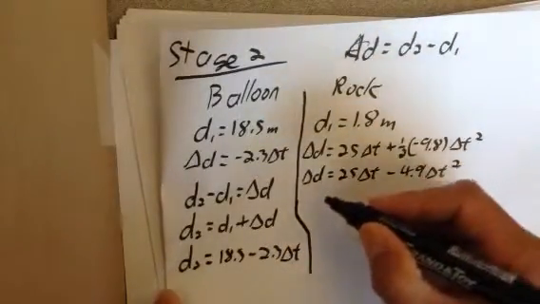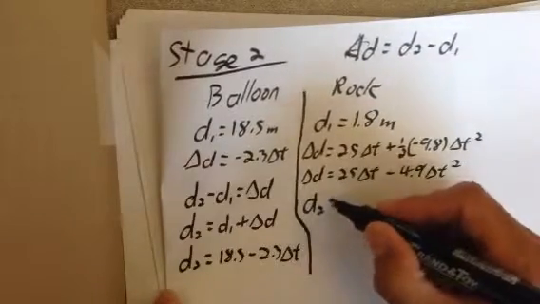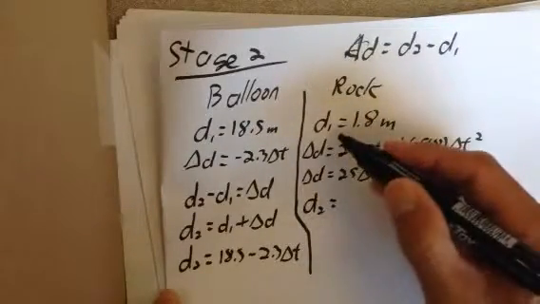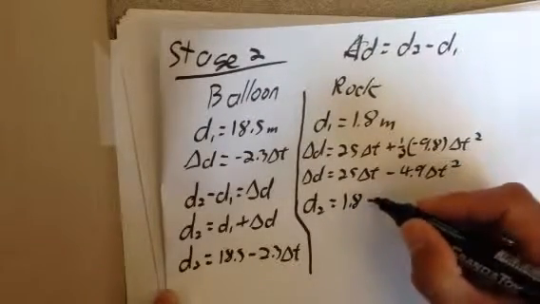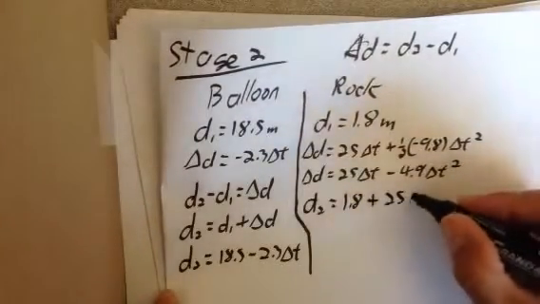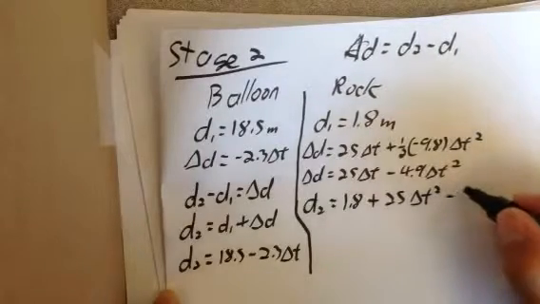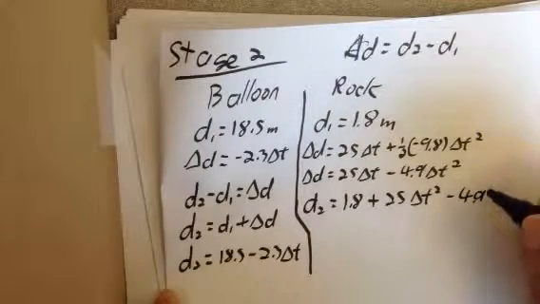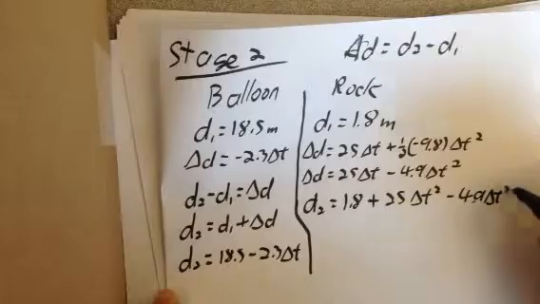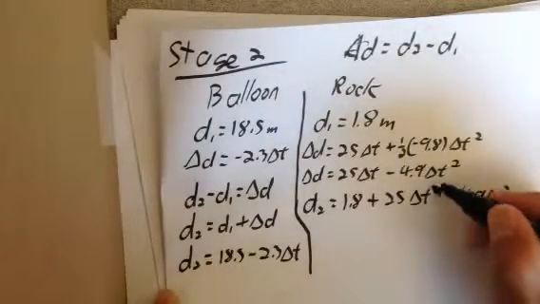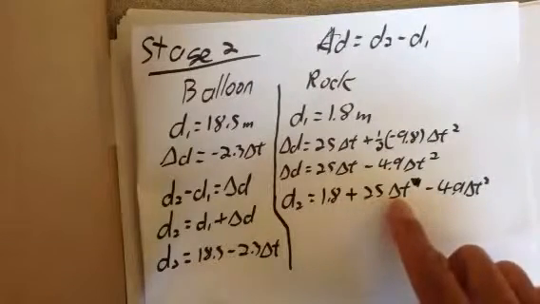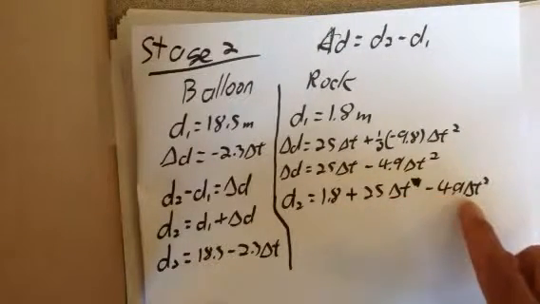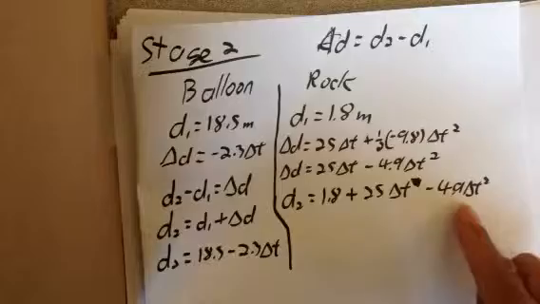Likewise, for the rock, the final position of the rock is d1 plus delta d, so it's 1.8 meters plus 25 delta t minus 4.9 delta t squared.